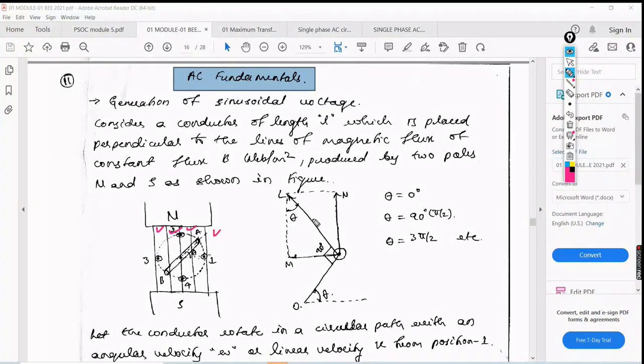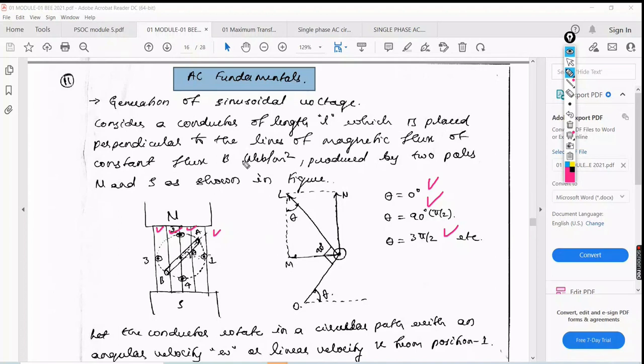Based on that, the EMF induced will change according to 0 degree, 90 degree, 180, 270. According to that operation, whatever EMF is induced in the conductor will change. That is according to Faraday's law of electromagnetic induction.